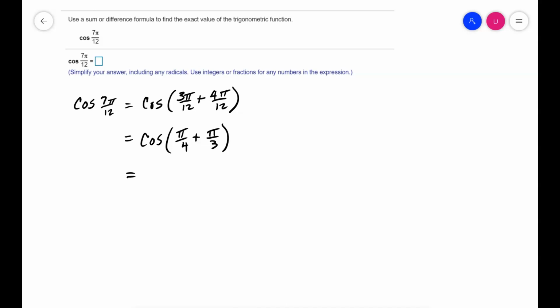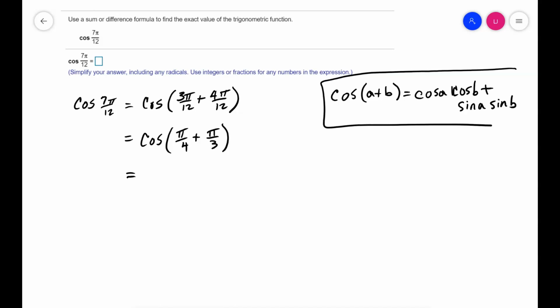And from here, we can use the sum formula for cosine, which says, I'll write it over here, the cosine of A plus B is equal to the cosine of A times the cosine of B plus the sine of A times the sine of B. So that's the formula that we're going to use.